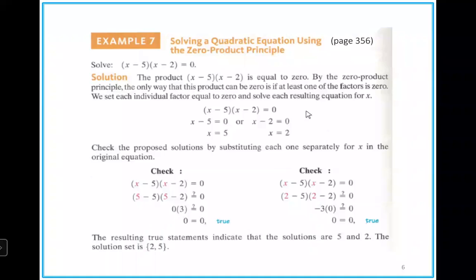Now, they didn't go through the full working here to get the value of x, but if x minus 5 equals 0, it means that x must be equal to 0 plus 5, because you're going to move the 5 over. So x is equal to 5. So that's how we get this x equals 5 here. And if x minus 2 equals 0, that means x will be equal to 0 plus 2, x equals 2. So x is either equal to 5 or 2.